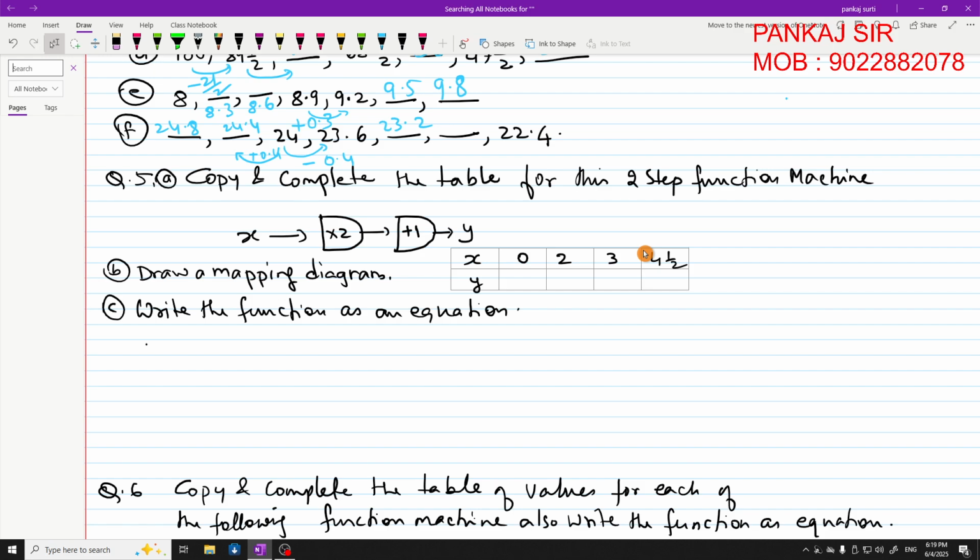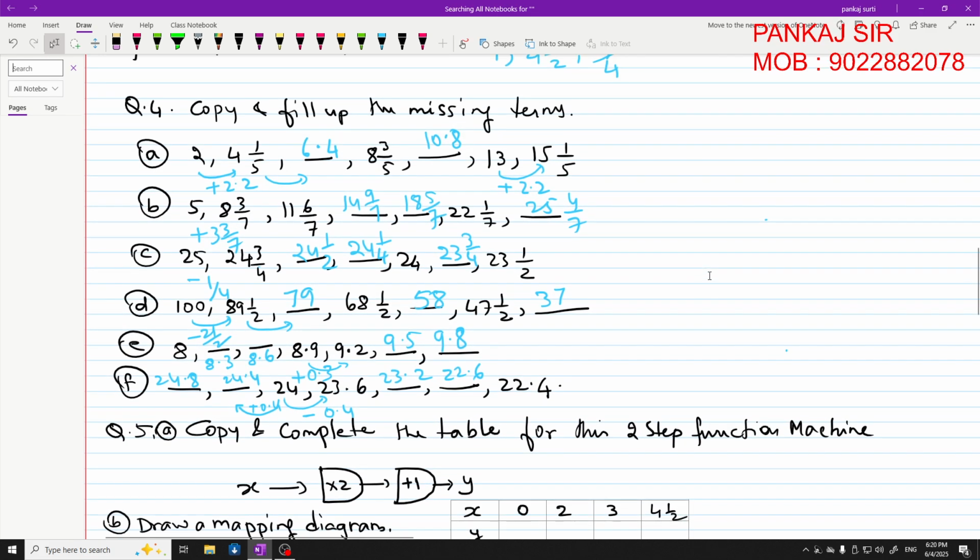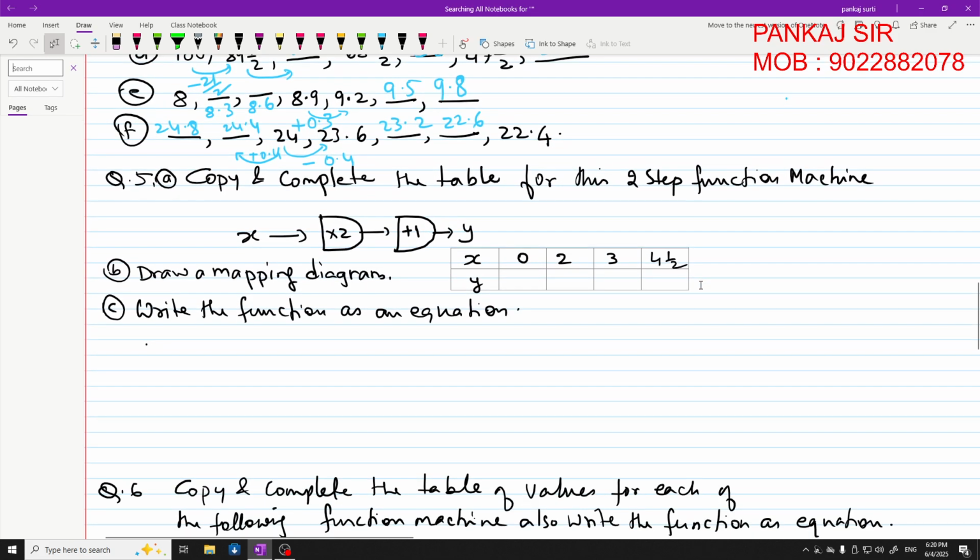So let me check this. 23 minus 0.4 should give me 22.6. So this will be 22.6. And 22.6 minus 0.4 is obviously 22.2. So we have completed these sequences, right?